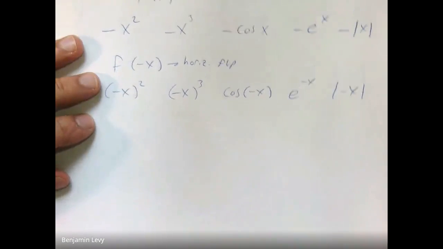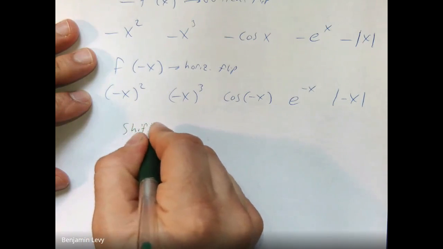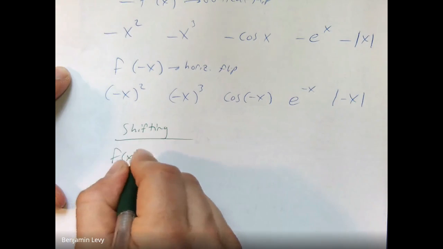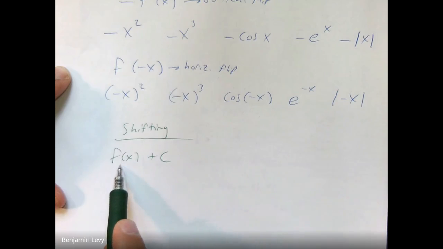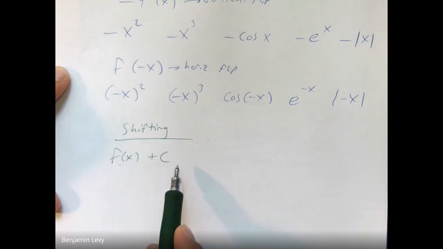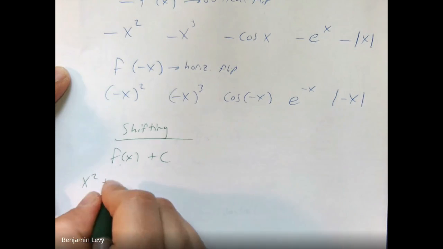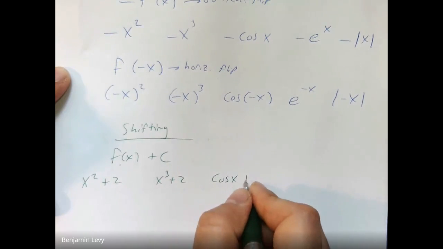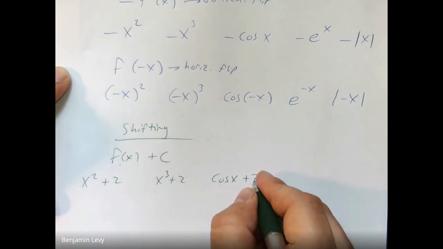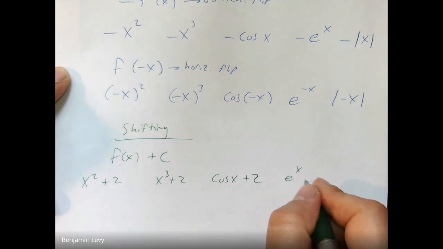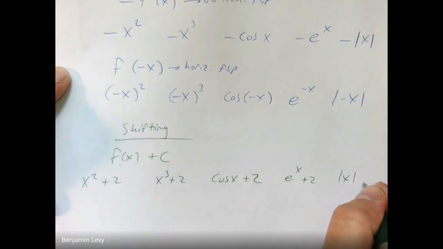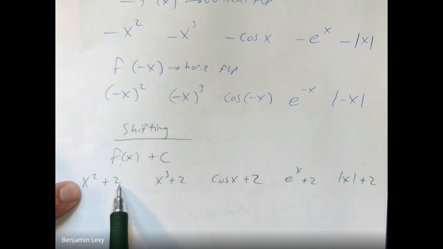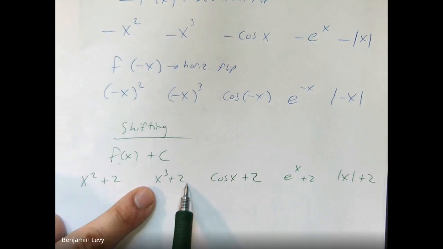So the last one then is shifting. If we did f of x plus c, this is like taking the function and then adding a number on the outside. So that would be like x squared plus 2, or x cubed plus 2, or cosine plus 2. Or e to the x plus 2, absolute value plus 2. Right? In each one of these situations, you're taking the function and then adding something.